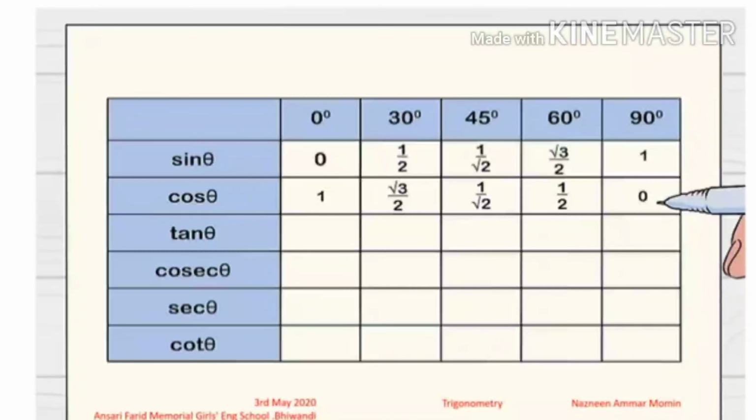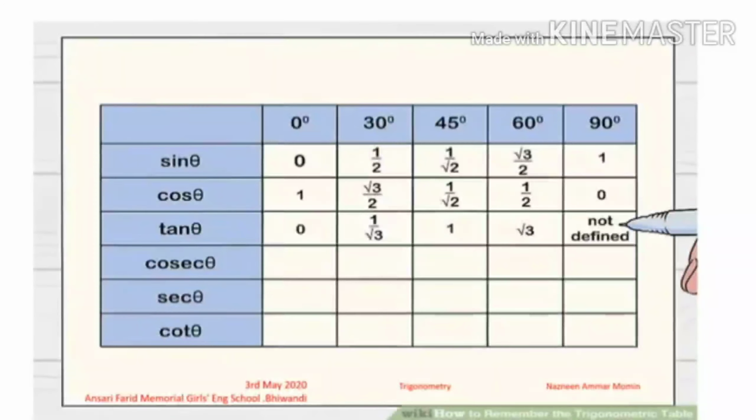And here 1 upon 0 cannot be calculated, it is infinity, so we have it as undefined. So tan theta will appear as 0, 1 upon root 3, 1, root 3, and not defined.